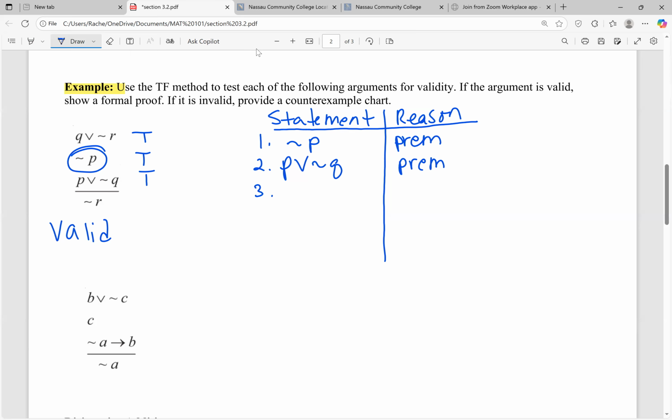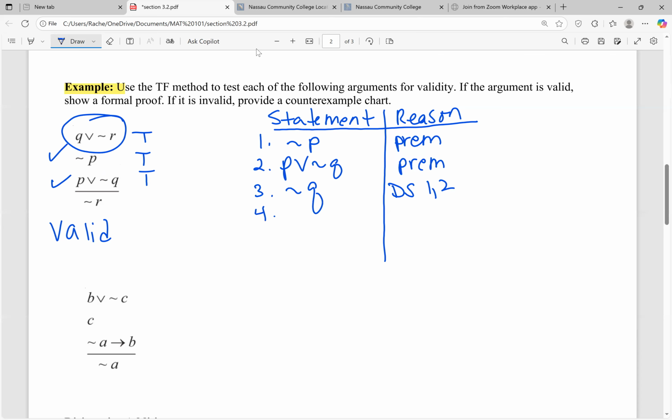And I'm going to use the argument form for the disjunctive syllogism, because I have an or statement, P or not Q, and then we have not P, right? So my conclusion's going to be not Q. So DS, disjunctive syllogism on 1 and 2. So far we used the first two premises. I'm sorry, the second and the third premise.